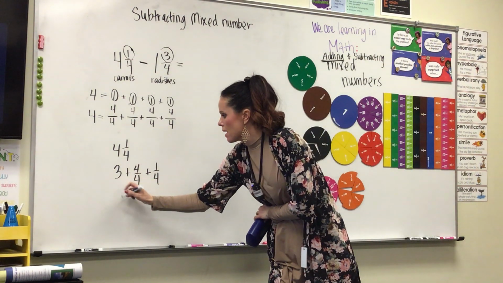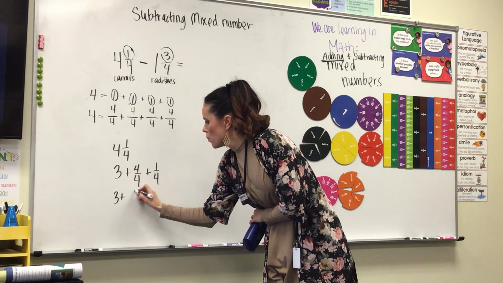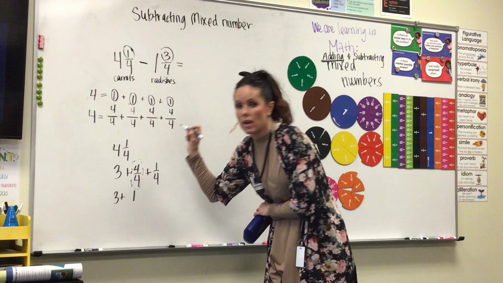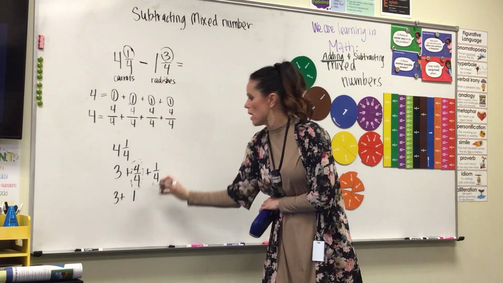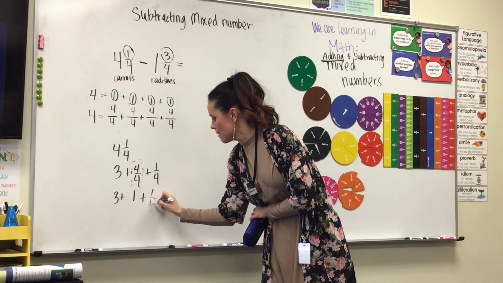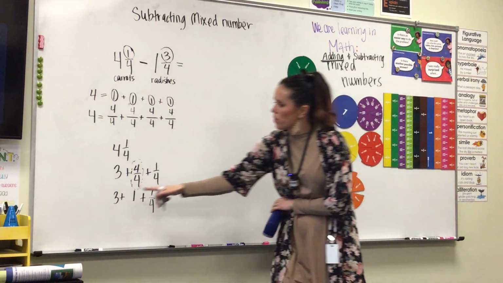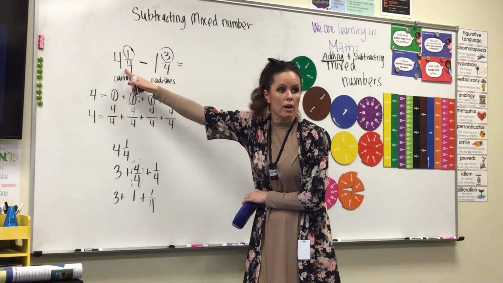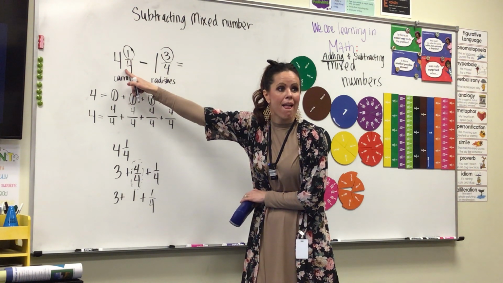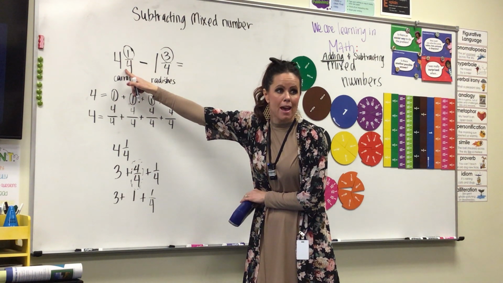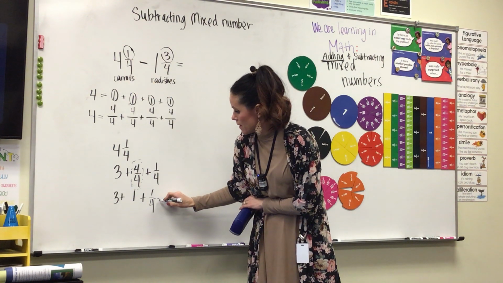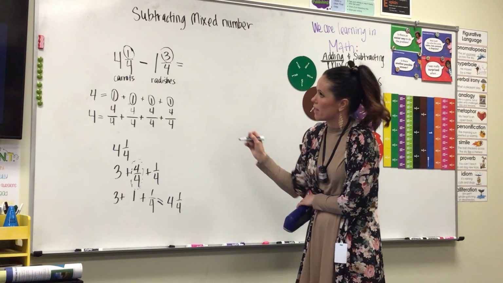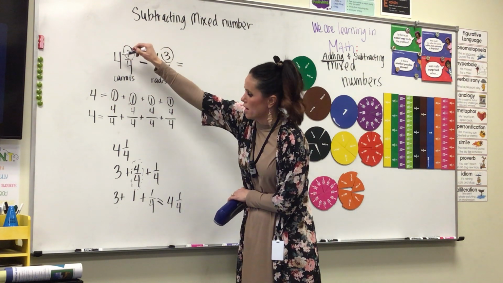Because you said this is worth 1 whole, right? You agree? And then I still have this 1 fourth up here I can't forget about. So 3 plus 1 plus a quarter is the same thing as 4 1/4. Yeah? Jackson? So 3 plus 1 is 4 plus a quarter. And that's what my story problem is right here.